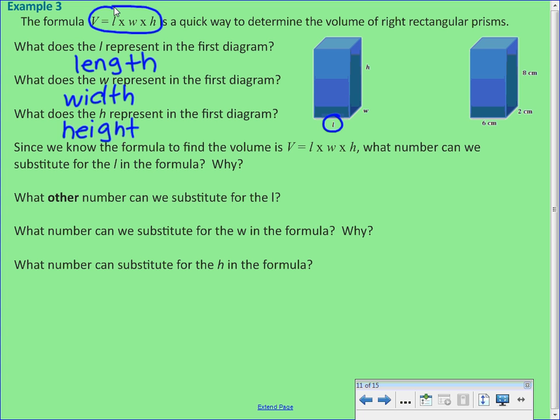I am going to tell you that these two are identical. A lot of times the directions will tell you not drawn to scale, which means don't trust the drawing. Don't think, oh, that looks like double the other one, so I'm just going to double the number. Don't start playing those games with your eyes and assuming that they're drawn to scale, unless it tells you that they are.